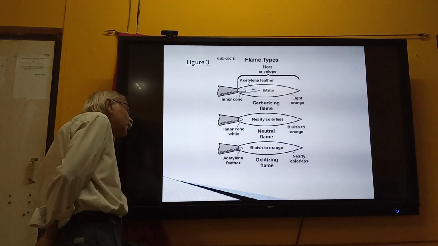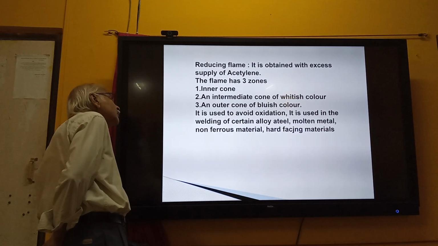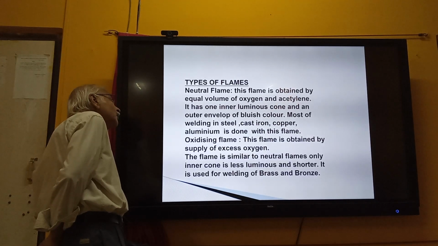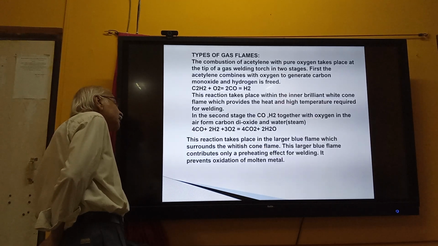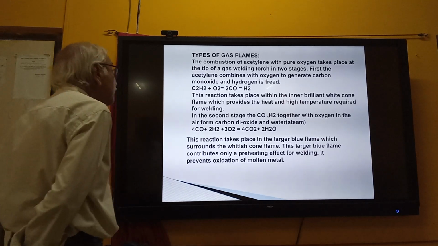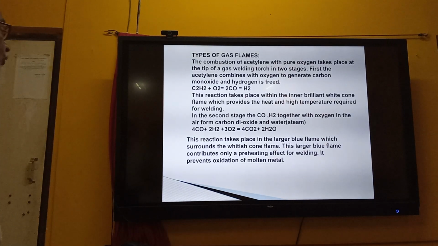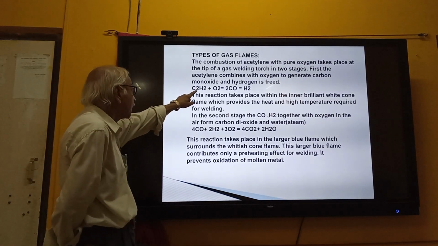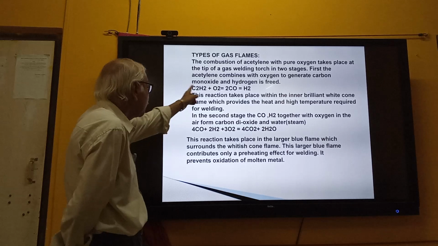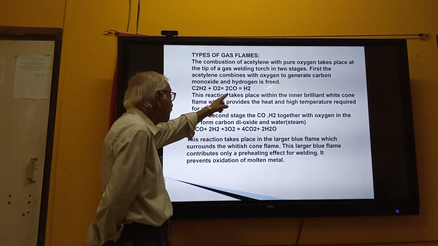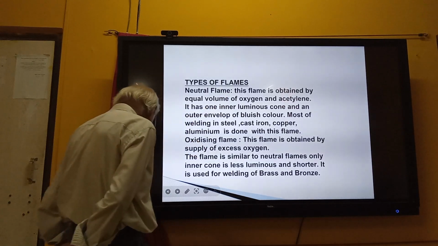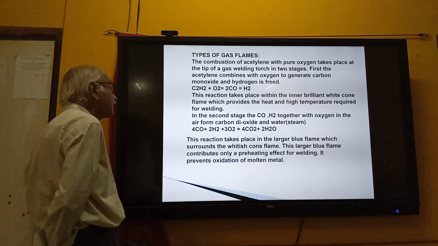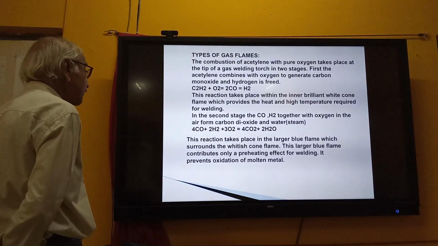Okay, so we will go to types of flames we have already seen. Now this is the equation that goes on in the flame. Say if it is acetylene gas, you know the formula is C2H2, it combines with oxygen and it generates carbon monoxide along with hydrogen.